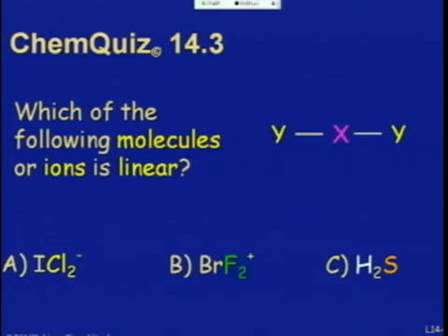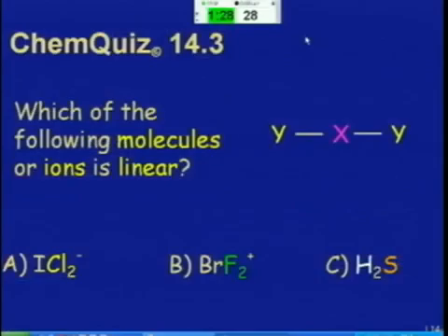Can iodine have an expanded octet? I didn't start? I'm so fascinated by you that I didn't start. That's terrible. Why don't I give it a little less time than here?